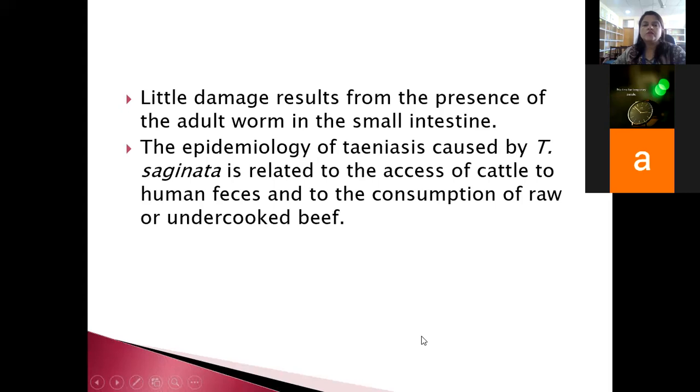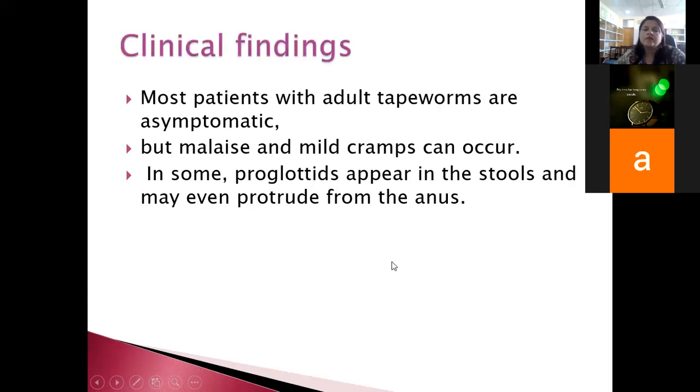The epidemiology of teniasis caused by Taenia saginata is related to the access of cattle to human feces and to the consumption of raw or undercooked beef. Clinically, most patients with adult tapeworm are asymptomatic, but malaise and mild cramps can occur.